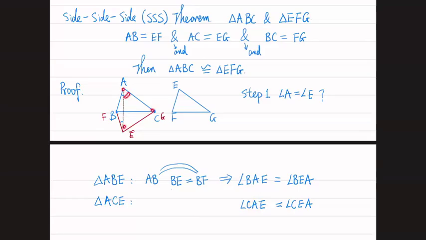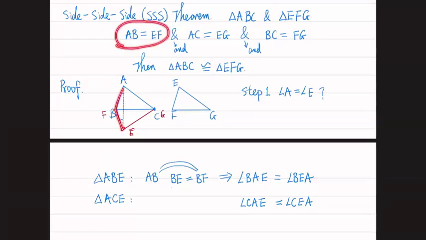Okay. So AB and BE are equal. This is our condition because B and F overlap. The same way, AC and EC need to be this condition. AC and EC, G and C overlap.